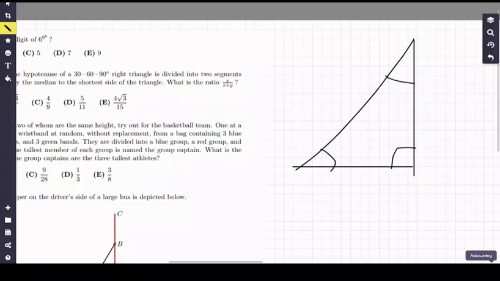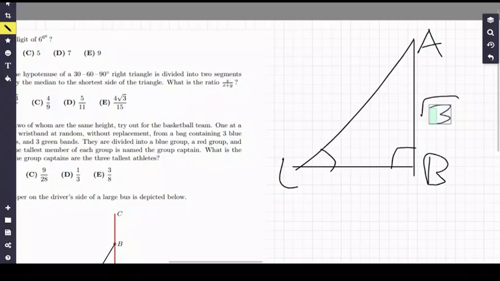So let's label it CAB. So we know this side is root 3, because this is coincidentally, or maybe not coincidentally, our special triangle.